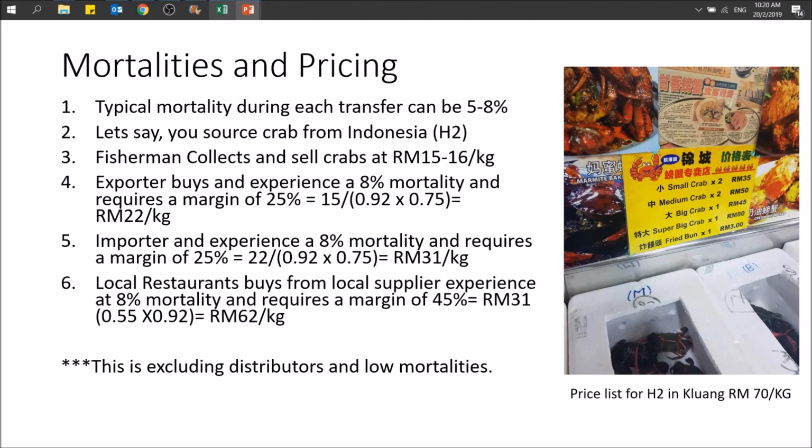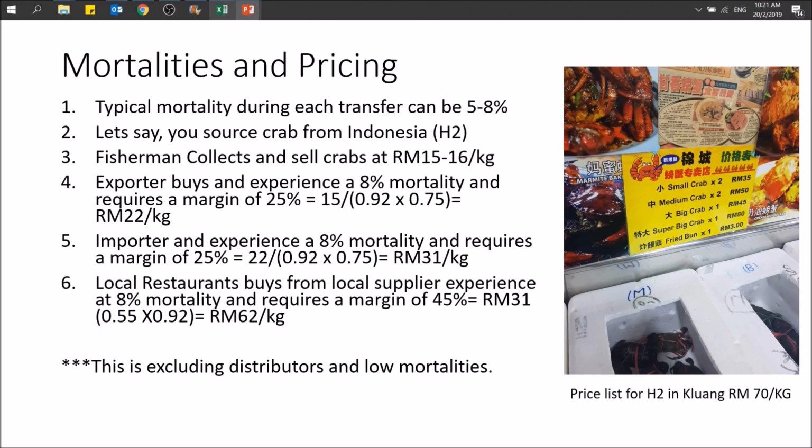However, it is sometimes more beneficial to be on the restaurant side, because in a restaurant, you are still able to manage your mortality by cooking the crabs that are about to die first and by prioritizing sales. But in an importer or exporter role, you do not have any cost recovery methods, for example, red meat from the crabs.